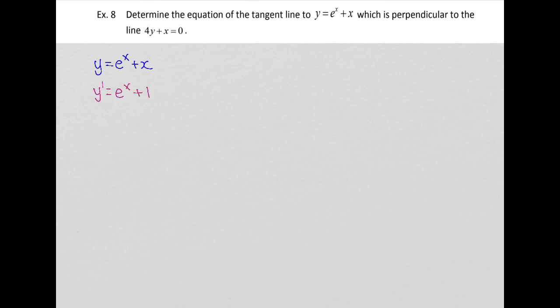In order to find the x value, we have to know the slope. So we know 4y plus x equals 0. That's given. Let's rearrange the equation to find the slope. So divided by 4 on both sides, you get slope is negative 1 over 4. But since we're finding the perpendicular line, the perpendicular slope will be positive 4, which is the negative reciprocal.